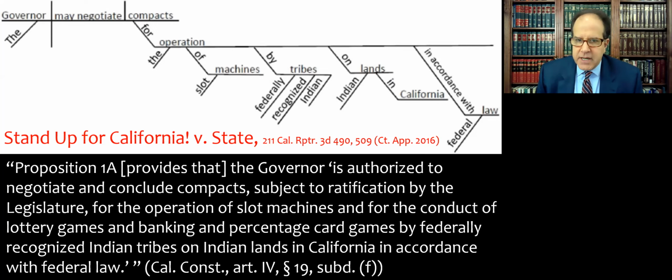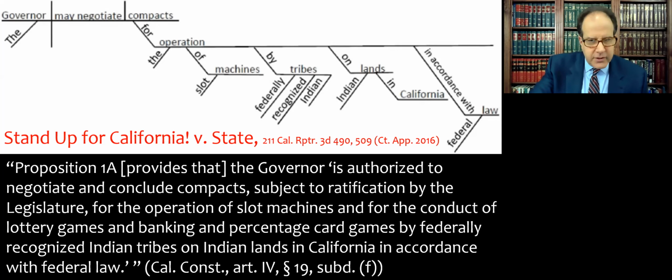And again, of slot machines and other things by federally recognized Indian tribes on Indian lands in California. So again, this is a beautiful, complex example of a sentence diagram, but the case turns on where we're assigning these different phrases, and so the diagram is very useful for that.